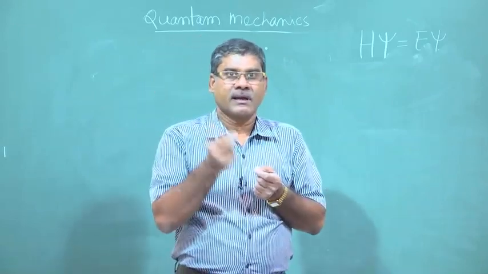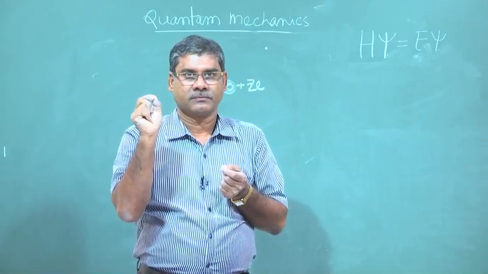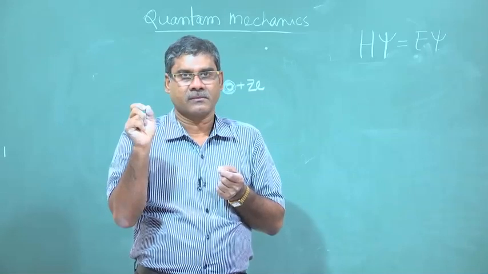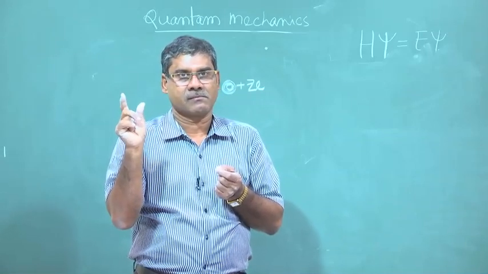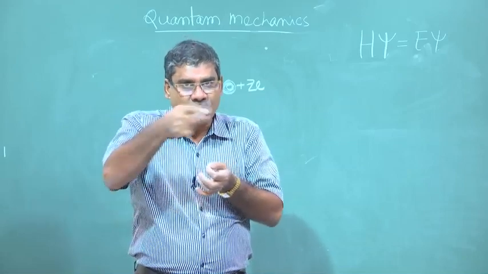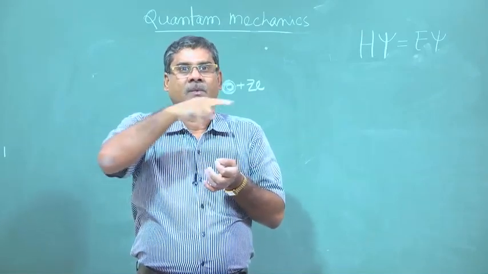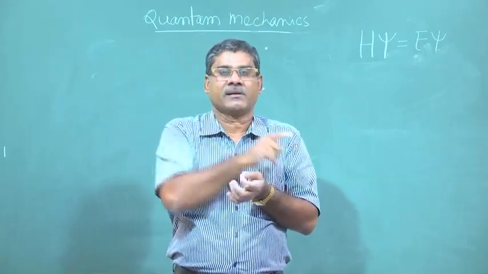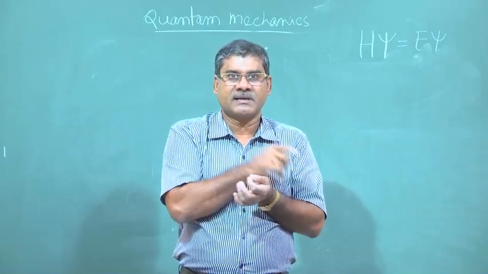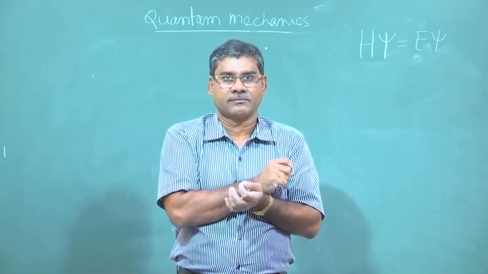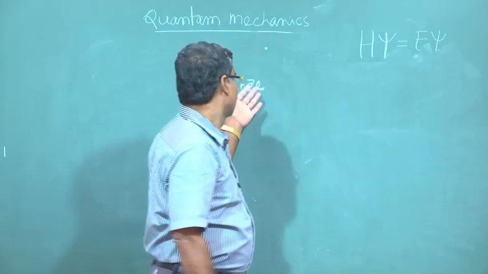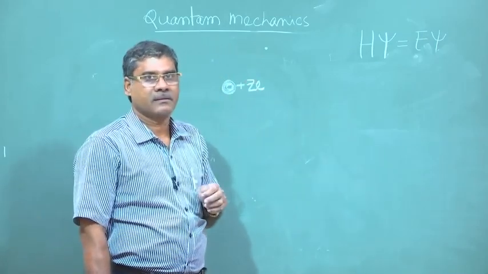So actually the particle, that is the electron, has negative charge. Now it is in motion in a central field of a nucleus.